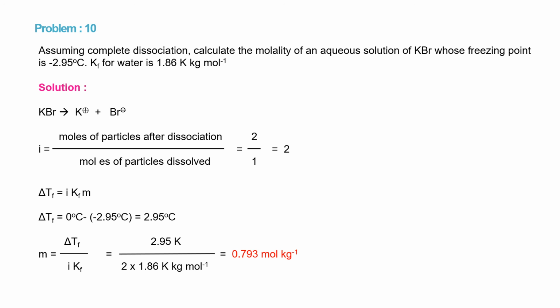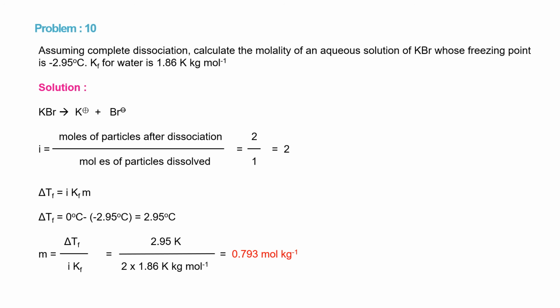See, KBr gives K plus and Br minus. So now i is given by moles of particles after dissociation divided by moles of particles dissolved. In this case, how many moles of particles dissociate? 1 and 1, so 2, divided by KBr, that is 1, which is equal to 2.